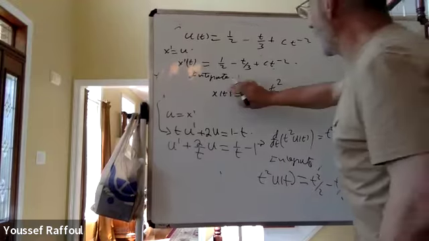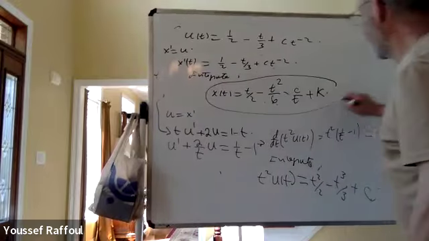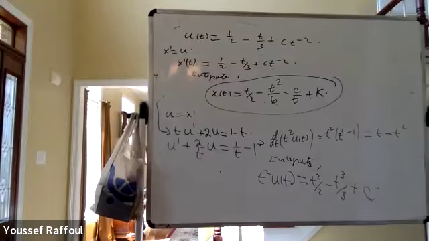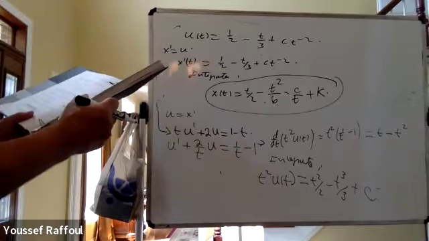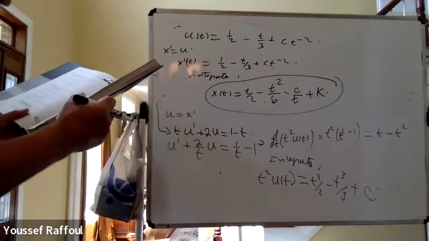And there you go, you got your solution: minus c1 over t plus t over 2 minus t squared over 6 plus c2.